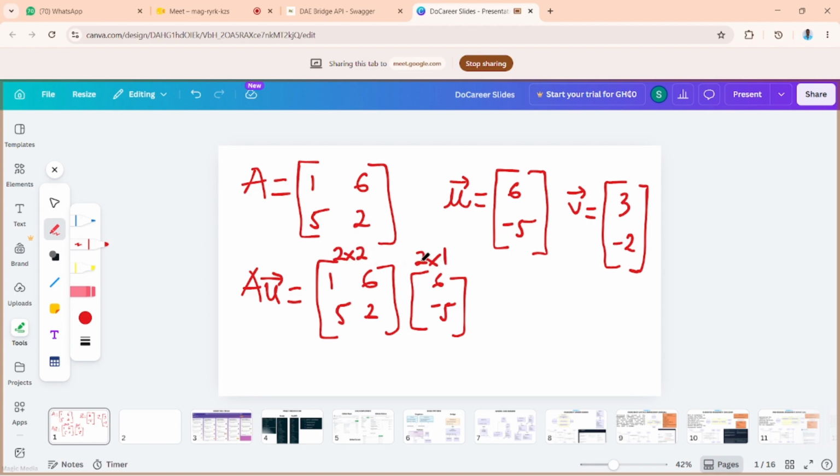This multiplication is possible because the ending here is the beginning of this one, and the resulting matrix will be 2 by 1, that is, 2 rows and 1 column. So we need to do this multiplication.